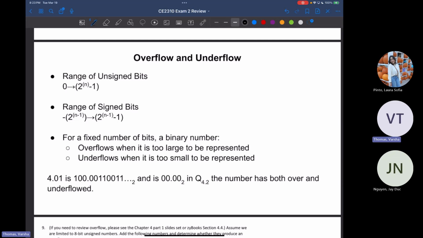So let's say, for instance, if I was looking for the range that can be represented by an 8-bit binary number, you can go from 0 to 2 to the 8 minus 1, which means that you can represent any value from 0 to 255.